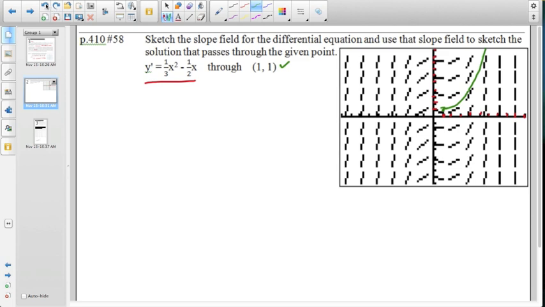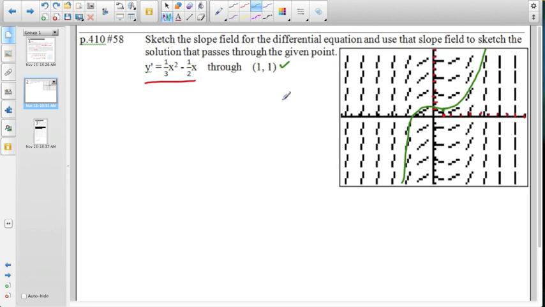If we estimate the values of the slope here, we look like we have something that is about like that.